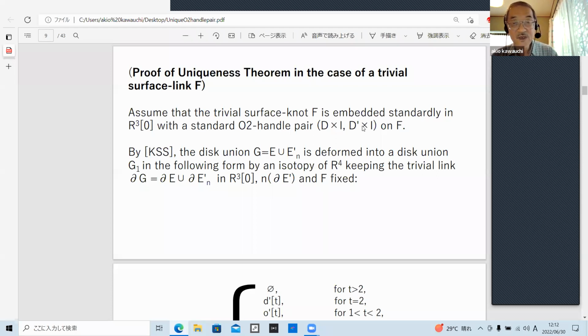Assume the trivial surface is embedded in standard position in R4, at T equals 0, the zero section, the level 0, R3, with the standard Otsu handle pair also there on F. In this case, the reference disk union of E and E dash N is deformed into a disk union G1 in the normal form by isotopy of R4, keeping the trivial link in the T equals 0 space fixed. Also the boundary collar of E dash is fixed and F is fixed.